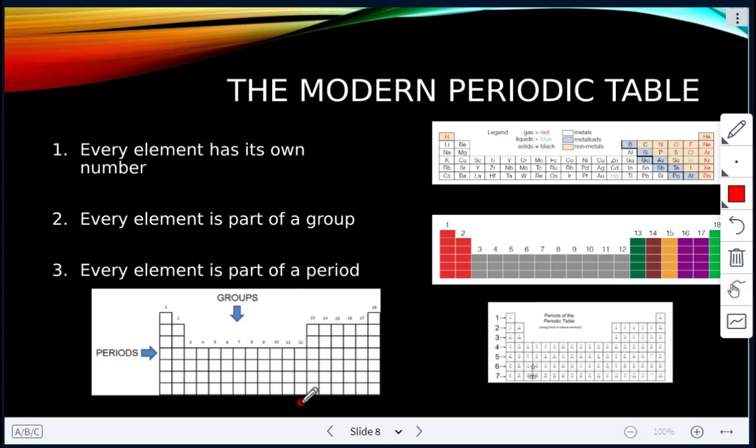But every element is also part of a period. The periods are counted horizontally. On this diagram, we have periods 1, 2, 3, 4, 5, 6, 7. So we can find elements based on which group they are part of and which period they are part of.